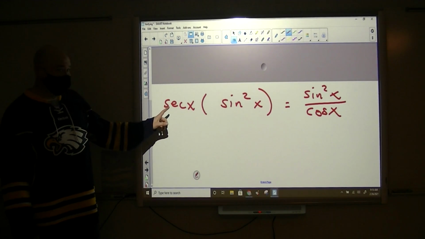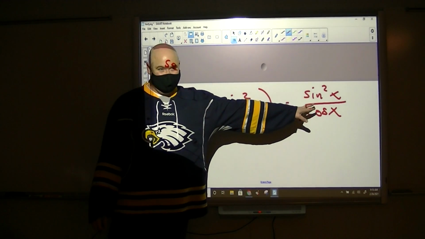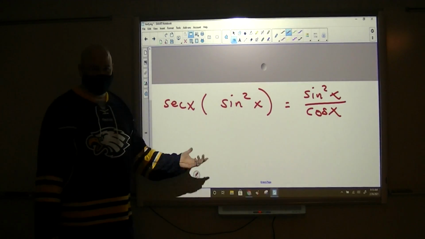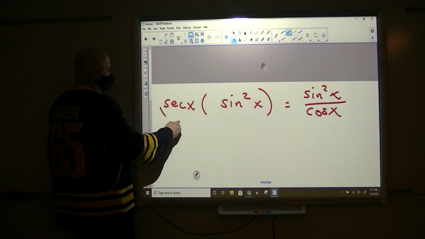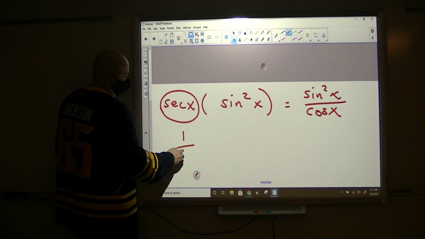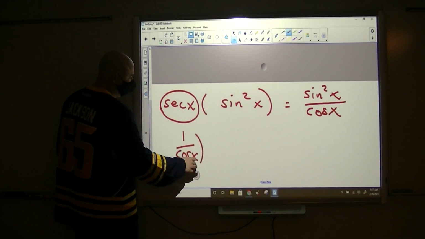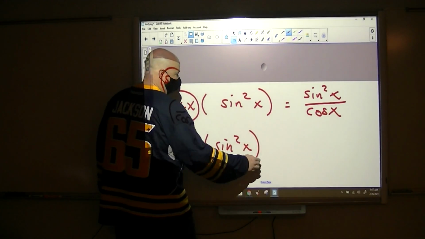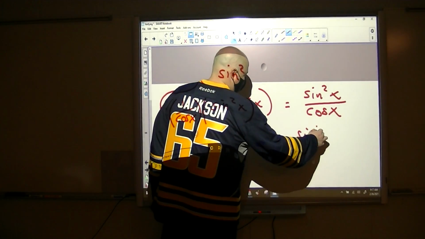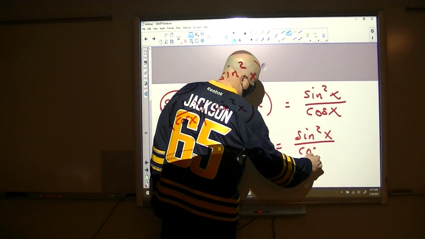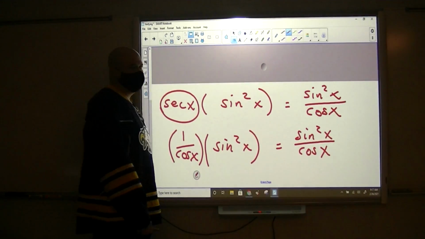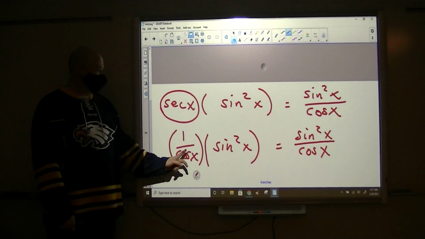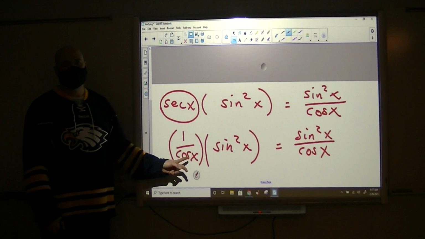If I had a cosine over here, I'd be a lot happier because this has a cosine. Can we get a cosine over here? You betcha. That's 1 over cosine. 1 over cosine times sine squared. I'm sorry if I went all Shakespeare on you. And what's going to happen here?